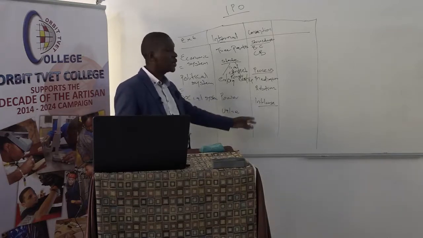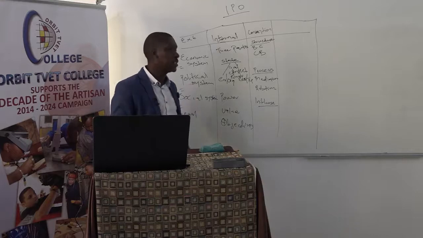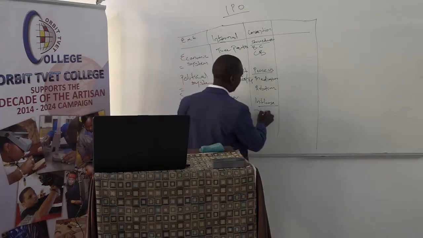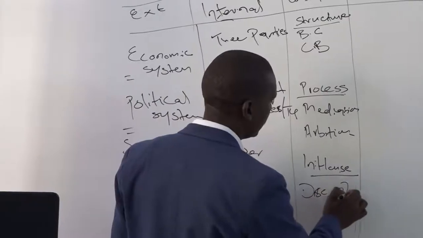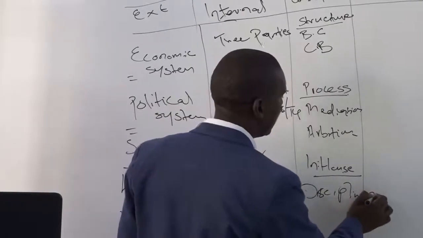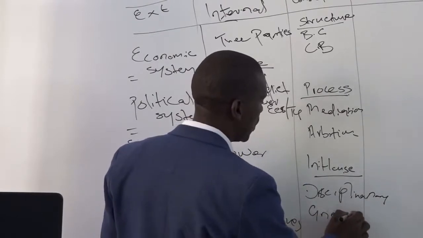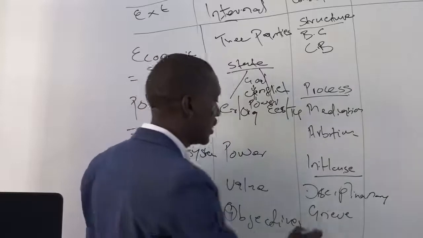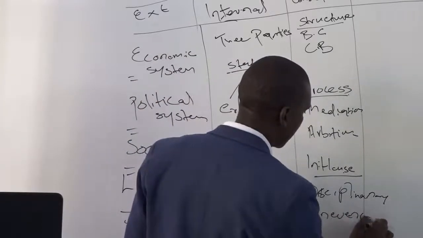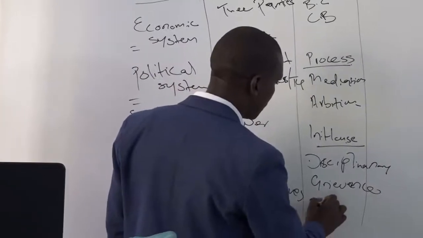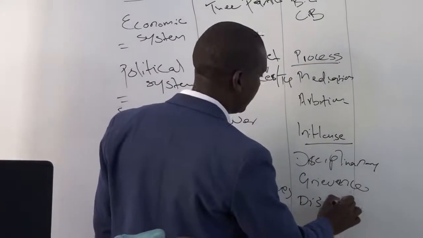The question might say, discuss in-house procedures, or list the in-house procedures. So the procedures that we have in labor relations, when we're dealing with the issues: one, we've got the disciplinary procedure. We've got the grievance procedure. This one we'll deal with mostly in module 6. We also have the dispute resolution procedure.